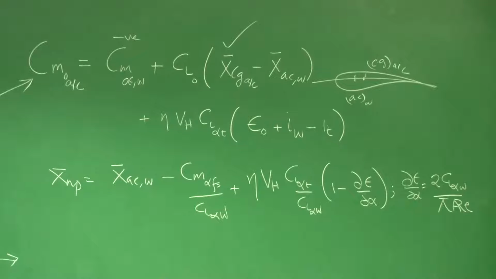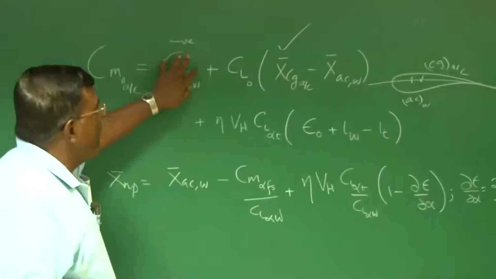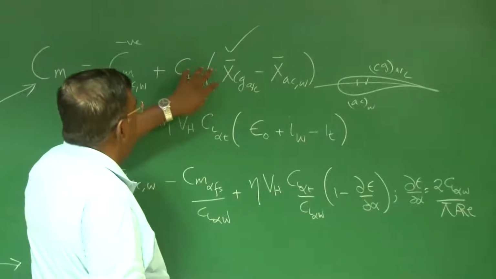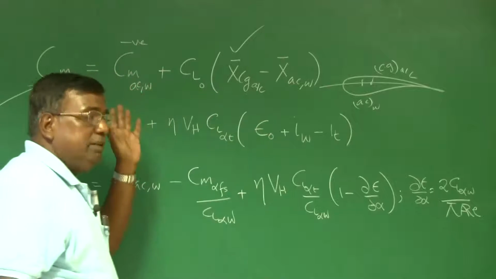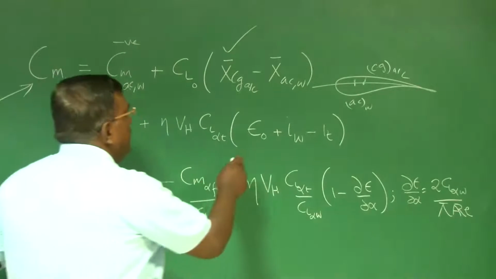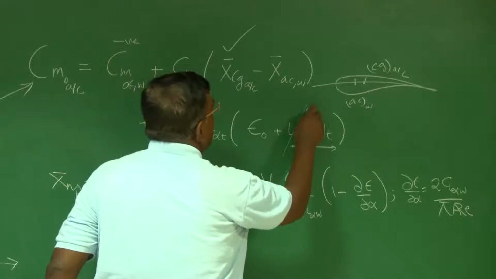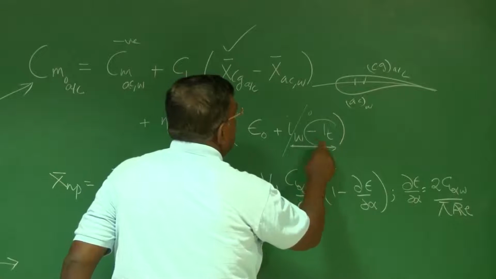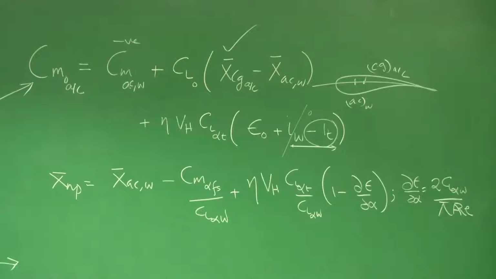Since I want some positive value of Cm naught, I have to nullify this contribution. So one way I can nullify this is by making this term positive, that is, I put the AC of the wing ahead of the CG of the aircraft. And second, even if I put this at 0, I can generate a positive moment by giving IT negative, and that is called a negative tail setting of the horizontal tail.